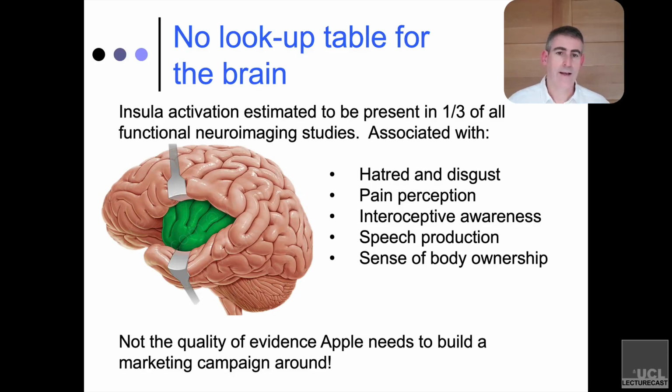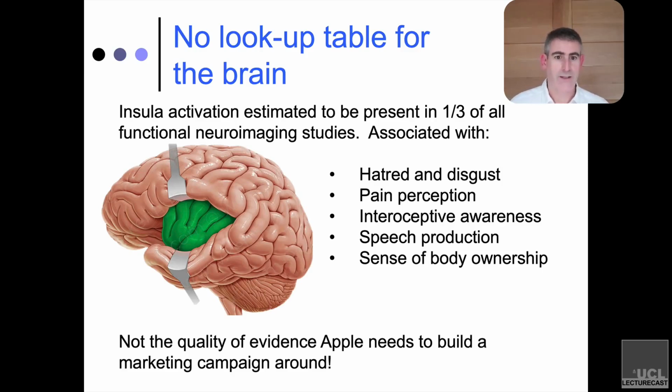So, as I said, this is just a summary of things that we know about the insula, which is that area shown in green if you open up the Sylvian fissure. And one of the things that we find is that insula activation is reported in nearly a third of all fMRI studies. It's incredibly common. So there's no way you would reasonably be familiar with, on the order of 10 to 20,000 fMRI studies in sufficient detail.